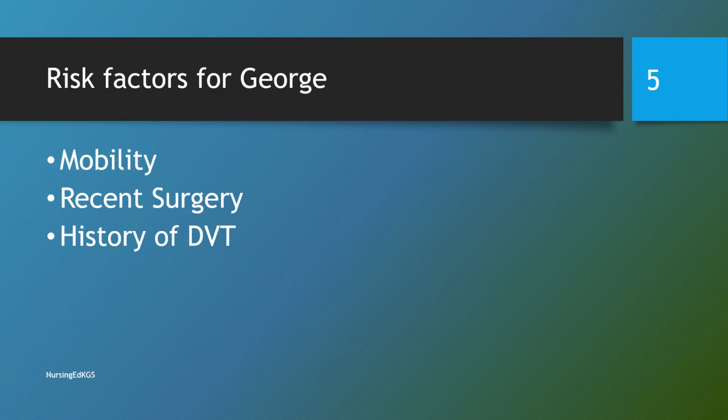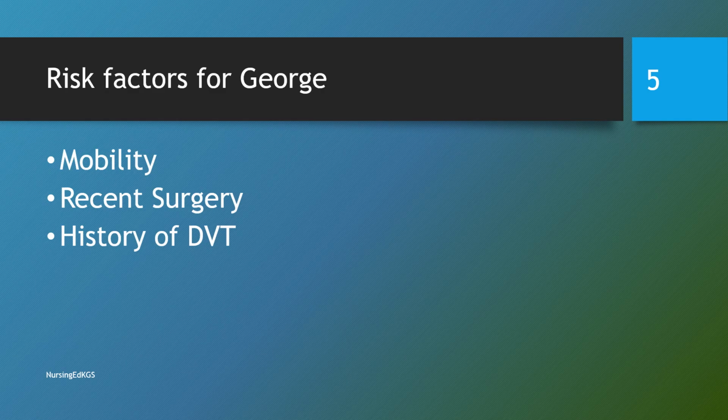What are the risk factors of developing a PE in the case of George? So the first is immobility or reduced mobility, and especially for seniors, right, whose mobility status may change, right? And the next is surgery, especially if you've had surgery in the past 3 months. And this is especially for patients who have had pelvic or lower extremity surgery, including hip and knee and joint replacements.